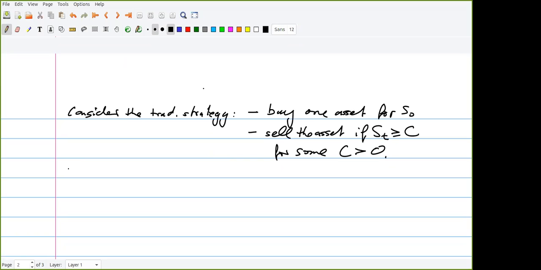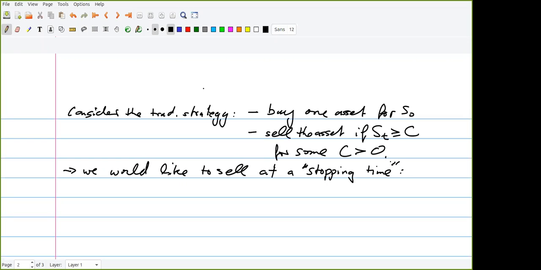Okay, but how do we want to do this mathematically? So we would like to sell at a random time, which is called a stopping time. Because you see, at time 0, I don't know when this event will happen, right? So it might never happen.